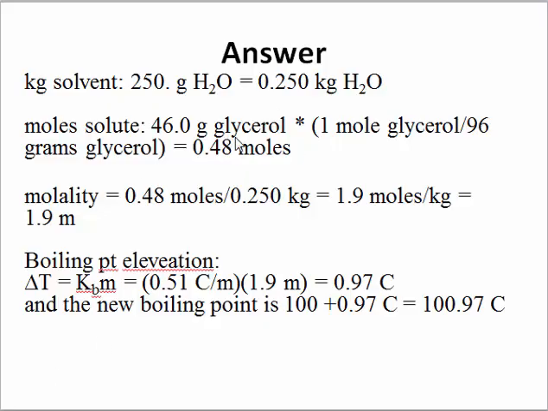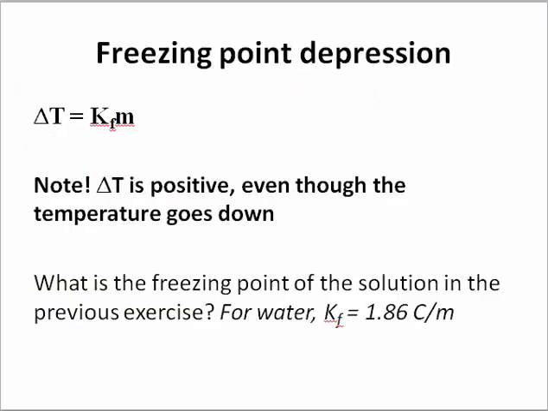This is how glycerol, which is antifreeze, elevates the boiling point of water in the radiator of your car. Another similar property is freezing point depression. The expression for freezing point depression is very similar to boiling point elevation.